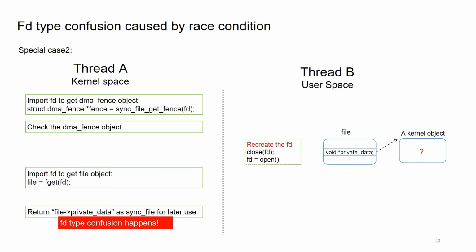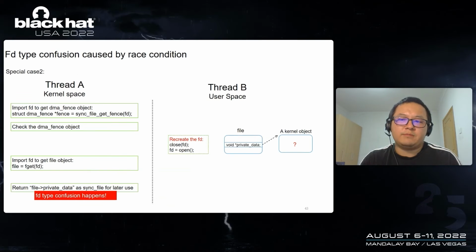Here are the details. As you can see, thread A will perform the 4 steps of the function. It will import the FD for the first time to get the DMA fence object. It will check the DMA fence object to make sure it's valid. Right after this, thread B closes the FD and creates a different FD.